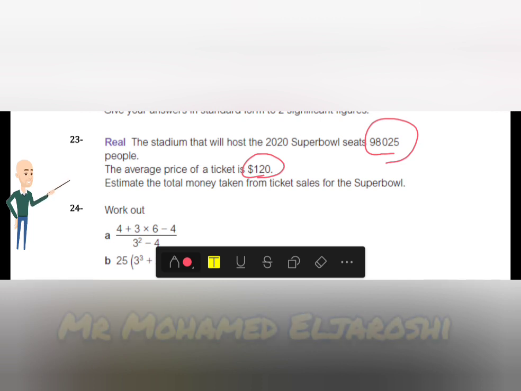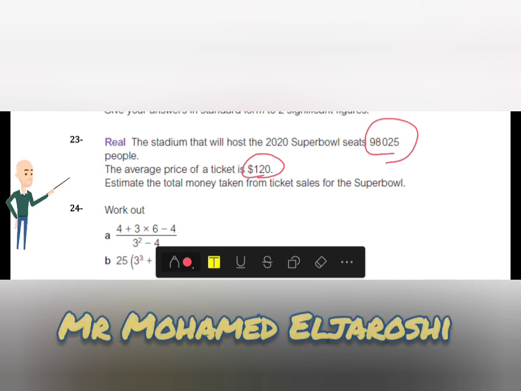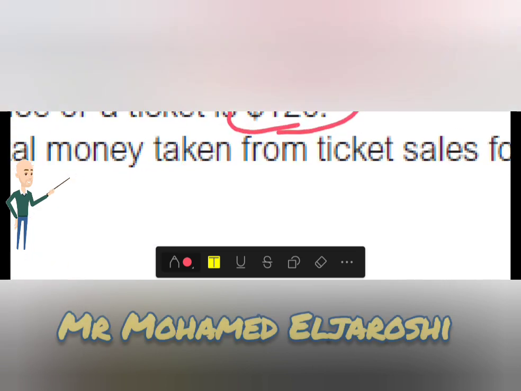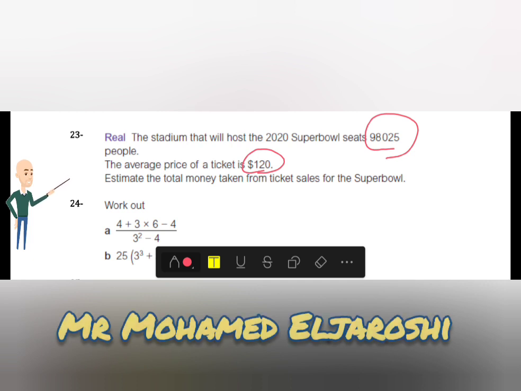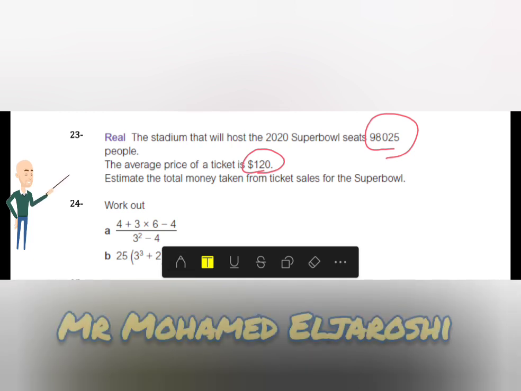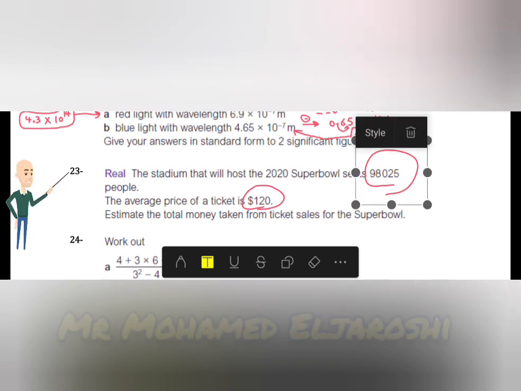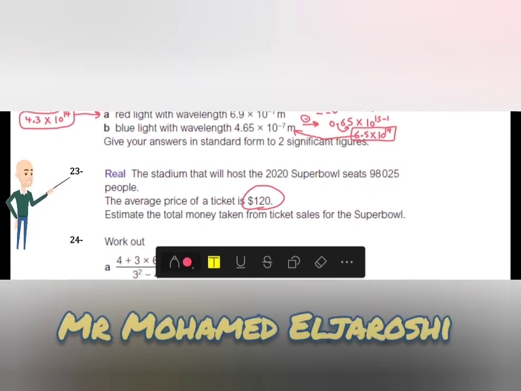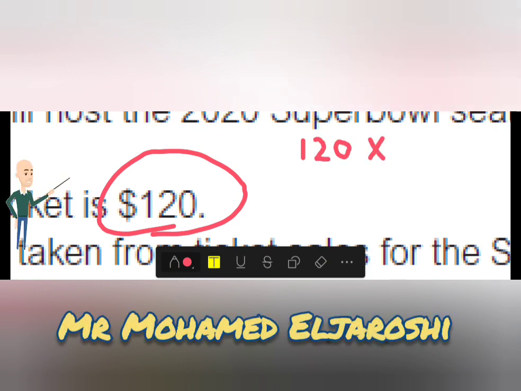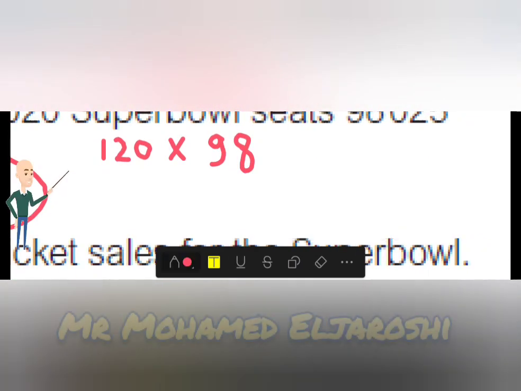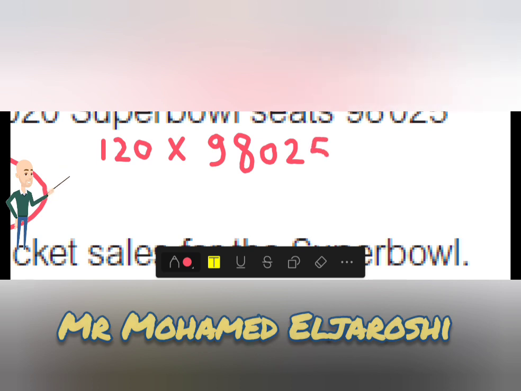Now, I want to estimate the money taken for the whole seats. So in estimating, I'm going to round. Basically, I'm going to use this number here, 120. Let me write it here so I can have space for the other question. So I'm going to say here 120 multiplied by 98,025 people or seats.